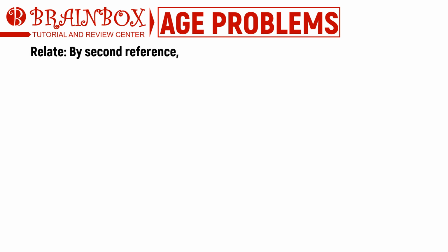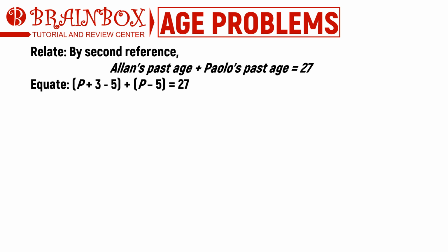Next, we relate these ages of Alan and Paolo according to the second inference we have under the read stage. It says that 5 years ago, the sum of their ages was 27. Hence, when we add the past ages of Alan and Paolo, we get 27. This results to our equation, (P + 3 - 5) + (P - 5) = 27.